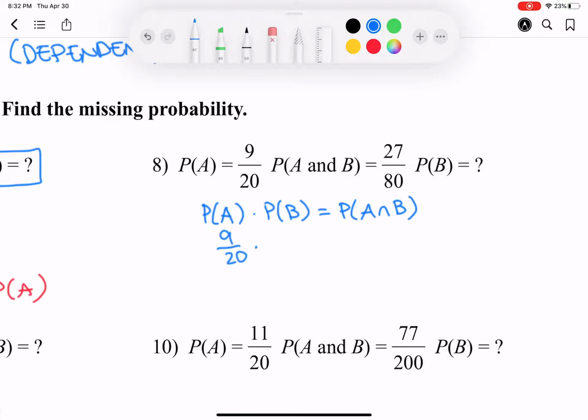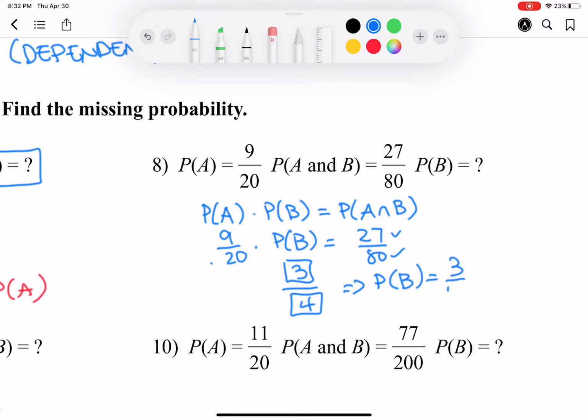We need to find the probability of B, which is equal to 27 over 80. So 9 times what number gives me 27? That's 3. 20 times what number gives me 80? That's 4. So the probability of B is 3 over 4.